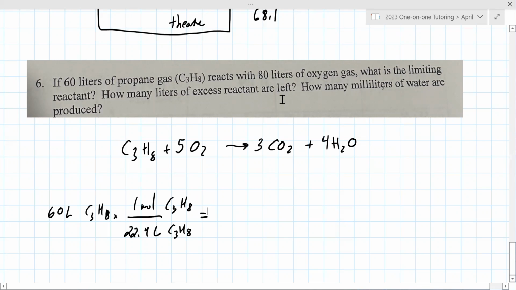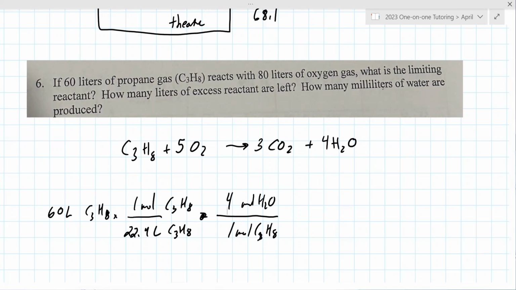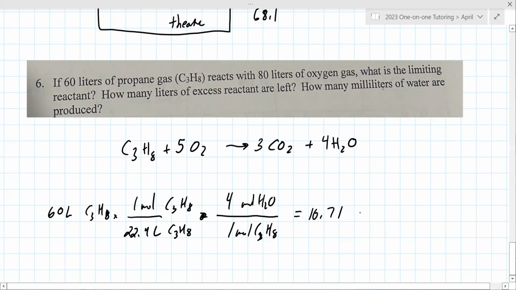Let's go to H2O times 1 mole C3H8, 4 mole H2O. So back to the calculator. Yeah, I got the same.